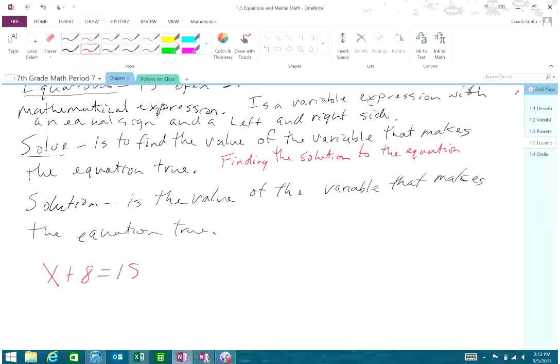What is the number that I can add to 8 to get 15? Brandon. 7? Okay. How did you come up with that? Mentally, what'd you do? You just knew the addition.